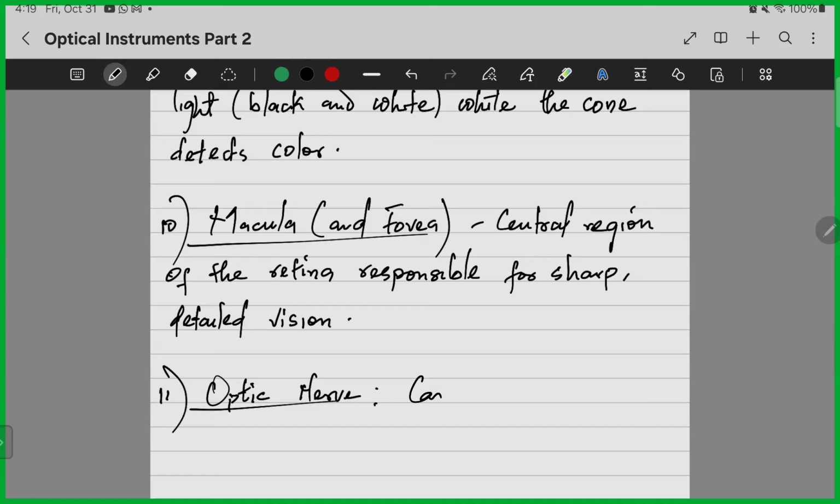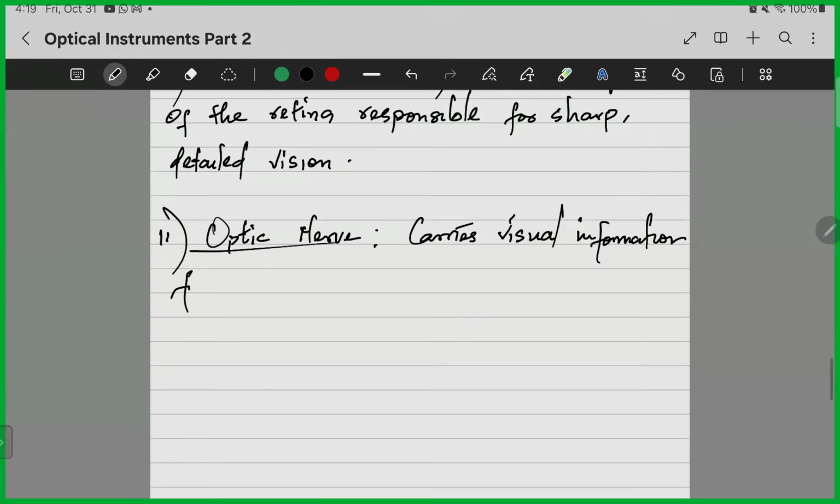This carries visual information from the retina to the brain.